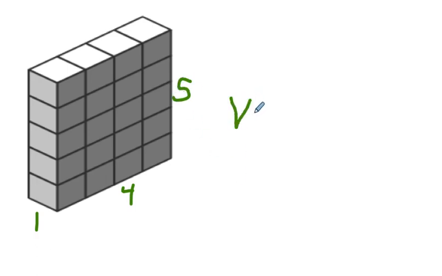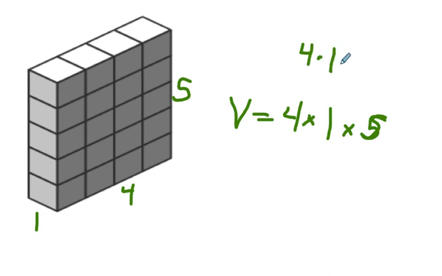So our volume would be 4 times 1 times 5. Sometimes in math, multiplication symbols are represented with those multiplication dots in between. We know we automatically multiply. So 4 times 1 is 4, and 4 times 5 is 20. So the volume of this rectangular prism is 20 units cubed.